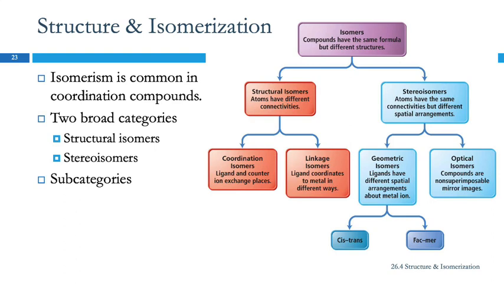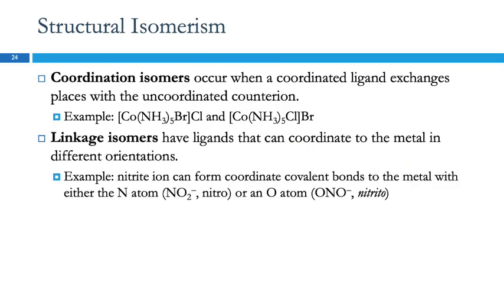And then there are subcategories. Coordination isomers, where the ligand and the counterion exchange places, or linkage isomers, where the ligand coordinates to the metal in different ways. And for stereoisomers, we can have geometric isomers and optical isomers. So we will talk about these.